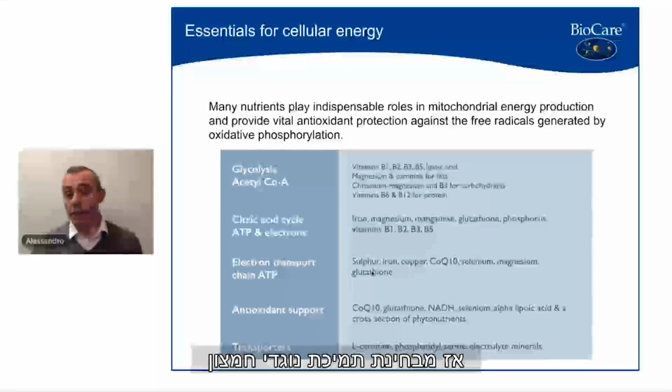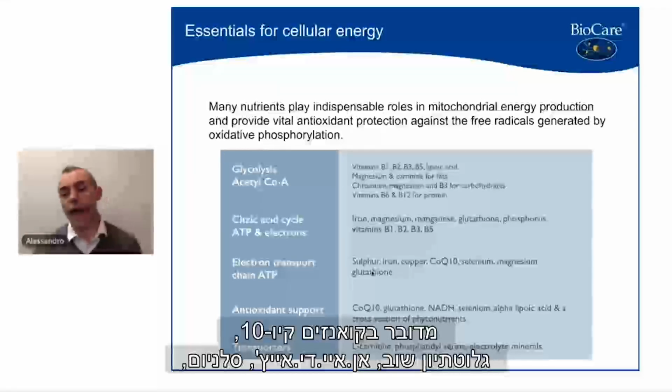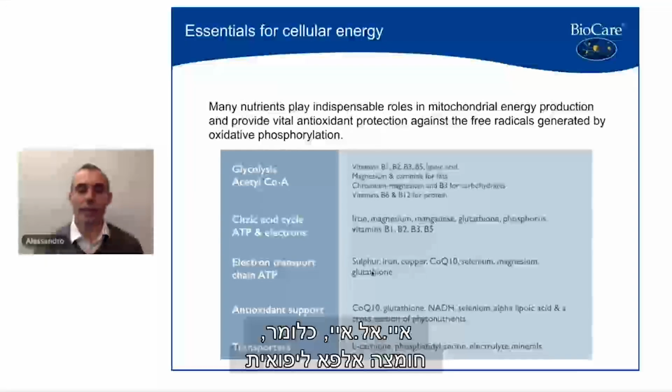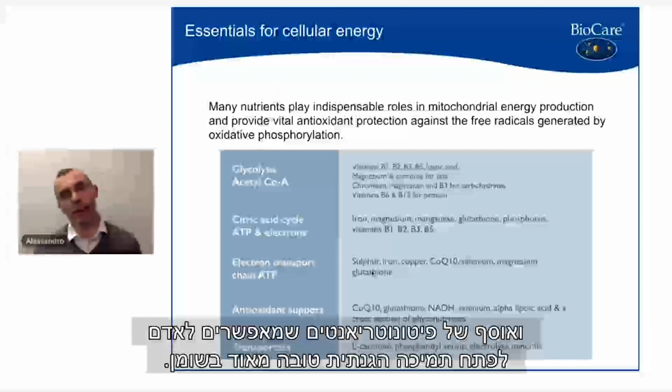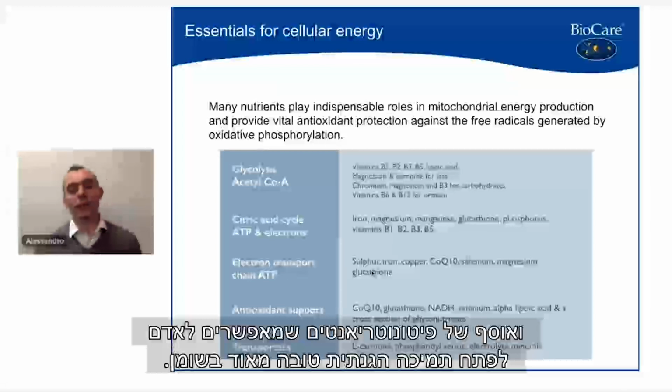So as far as antioxidant support, we look at CoQ10, glutathione again, NADH, selenium, ALA, as in alpha-lipoic acid, and a collection of phytonutrients that allows the person to have a very good protective supporting effect.